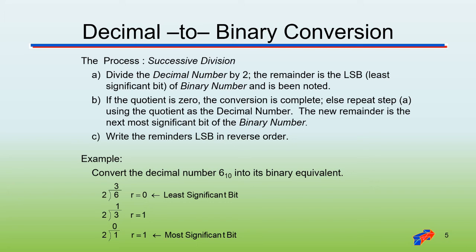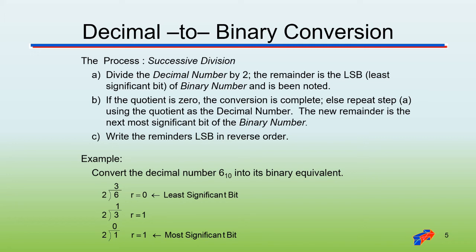The quotient has not reached 0, so we have to repeat the step till it reaches 0. The next dividend will be the previous quotient. The previous quotient is 1, and 1 is again divided by the divisor 2.